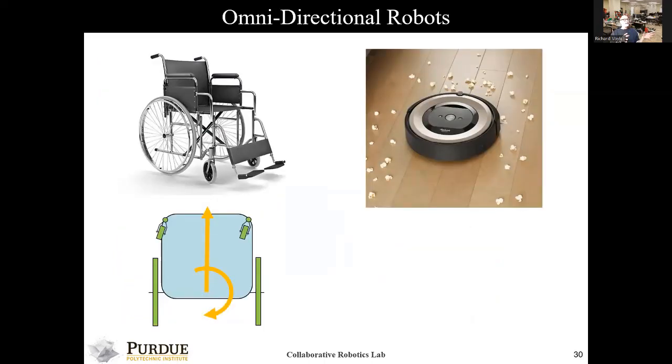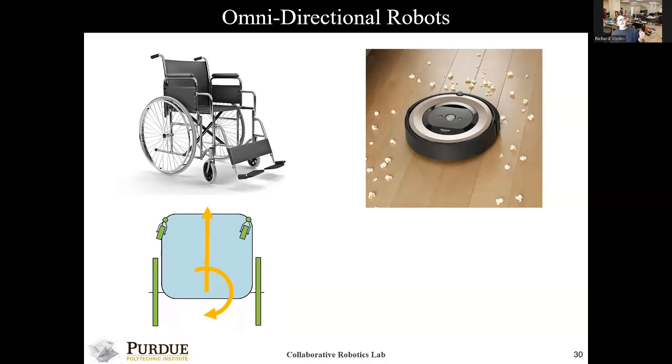Now, omnidirectional robots, like our wheelchair or like the Roomba, are similar. Often they'll have some sort of a caster wheel. You can see in the wheelchair, there's a powered caster wheel. And in fact, it moves differentially. So if you push both wheels forward in your wheelchair, it's going to go straight forward.